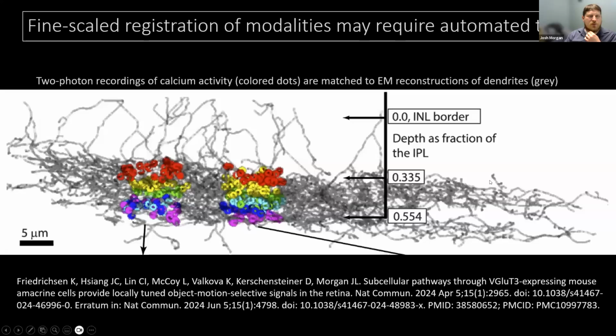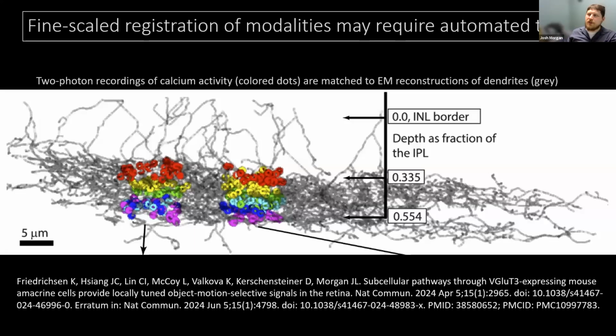So this is an example where the EM reconstructions of dendritic arbors are in gray here. And all of these points here are places where we found the same neurite in the optical image. In this case, 2-photon calcium imaging. We would find a correspondence point that would refine the image, find a new correspondence point that would refine the alignment more and more.